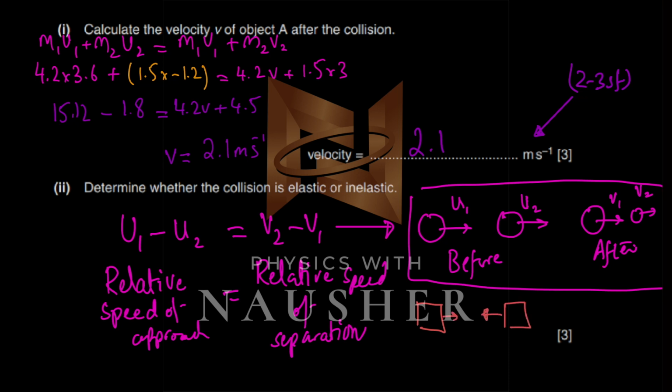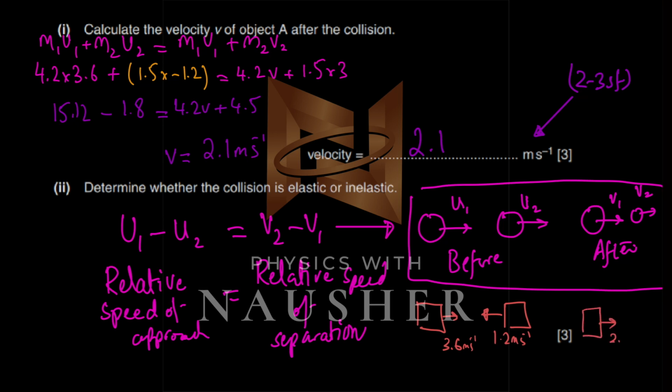Before the collision they were moving in opposite directions. Remember? Particle A was moving with a speed of 3.6 meters per second and particle B was moving with a speed of 1.2 meters per second. This was before. And after the collision happened, both particles were moving right.